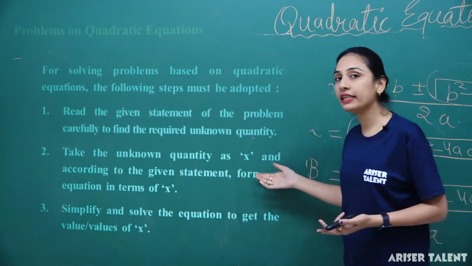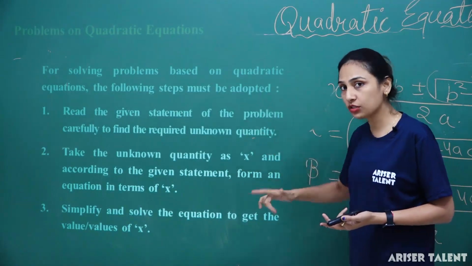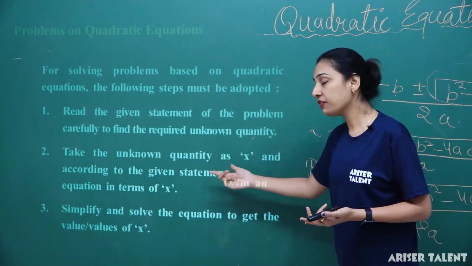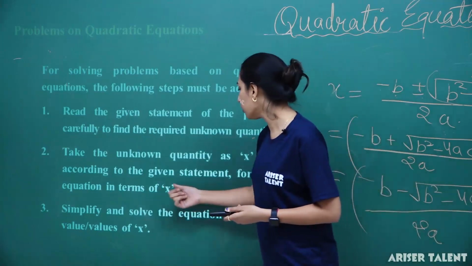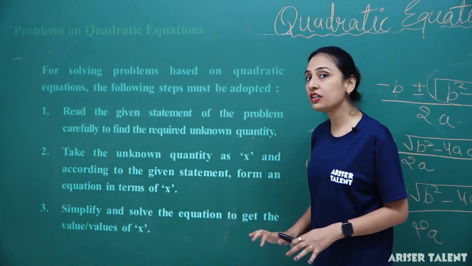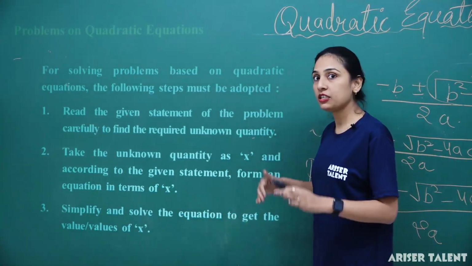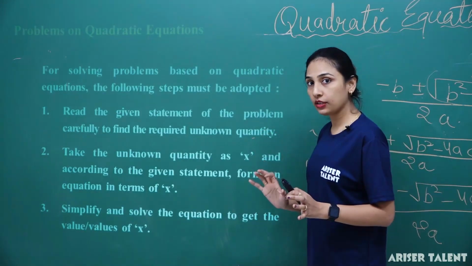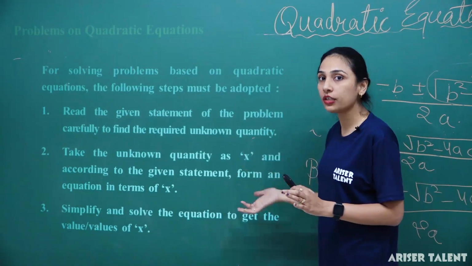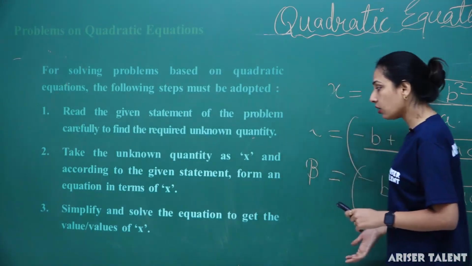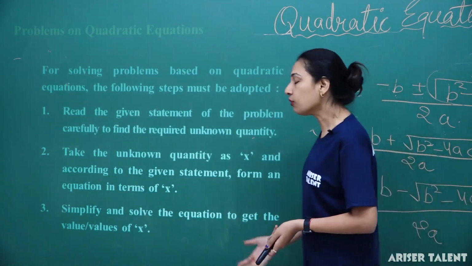Take the unknown quantity as x. For the language question I am saying, the unknown quantity will be taken as x, and according to the given statement, form an equation in terms of x. How will you form that? According to the statement. Simplify and solve the equation, get the value of x.